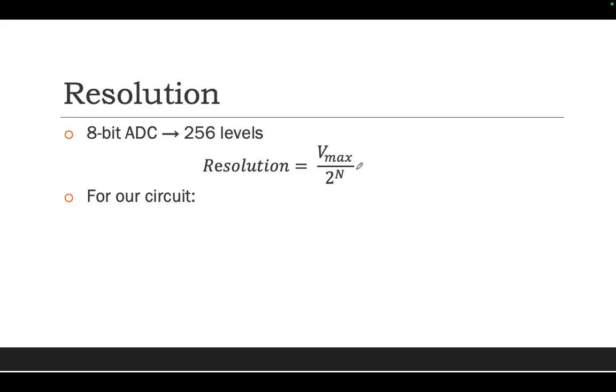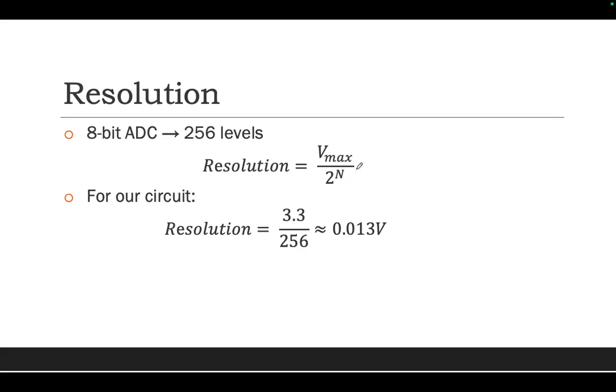Yeah, that's right. It's around 0.013 volt. Am I right? What does that mean? That is the smallest increment of measurement, the difference between 2 points. Yeah, that's true.